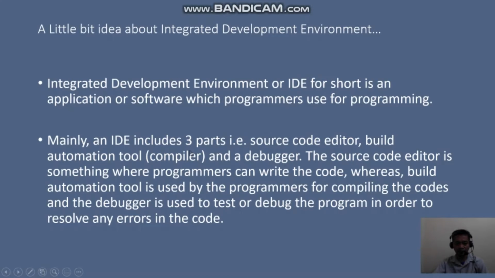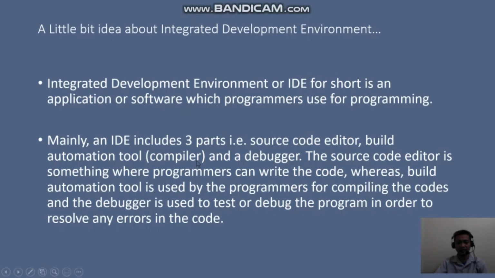And of course, nobody's perfect. There might be some errors in your programs. In the IDE, there is what we call the debugger. It gives you an idea of which part of the program has an error. Usually it gives some hints on the definition of the error.